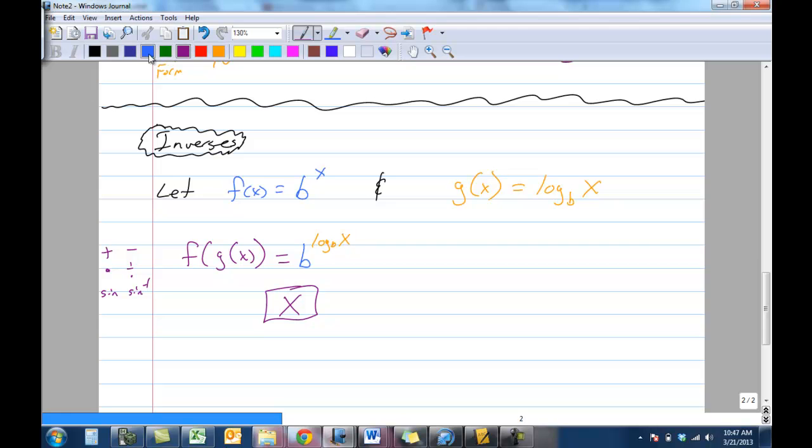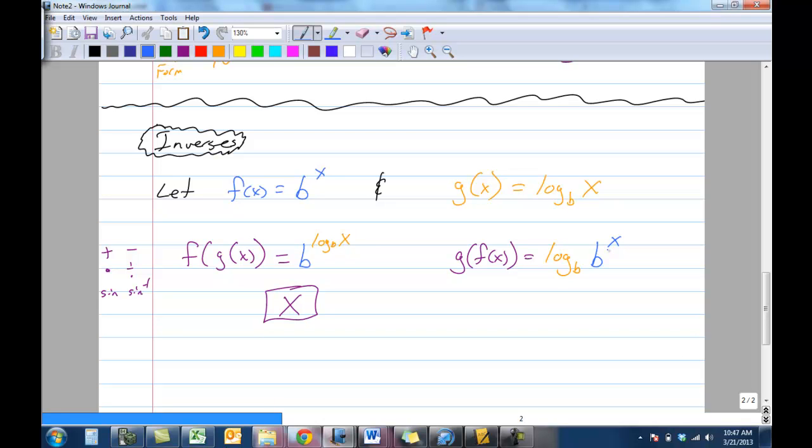So that brings us to g of f of x. g of f of x says log base b of x. We're going to change x. What is x going to become? x is going to become b to the power of x.